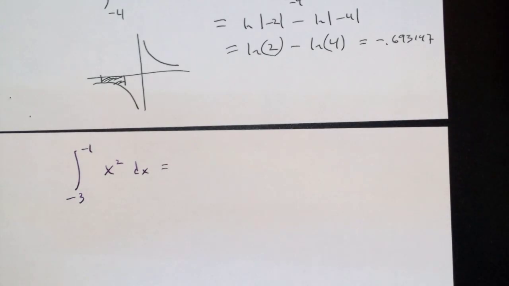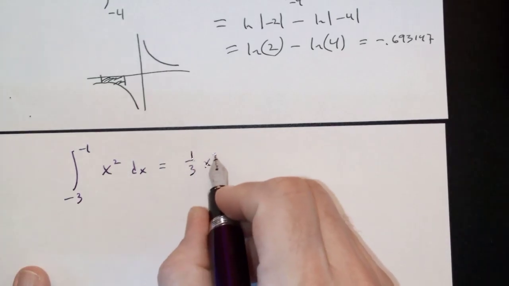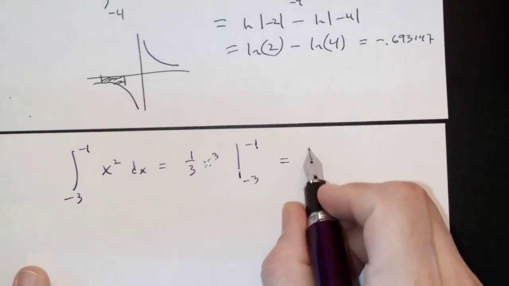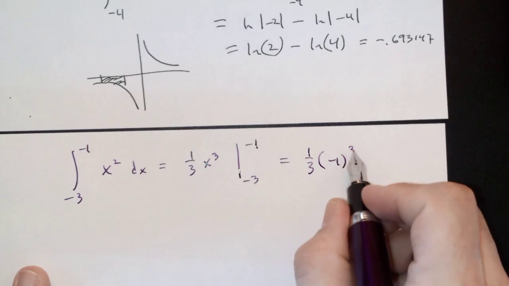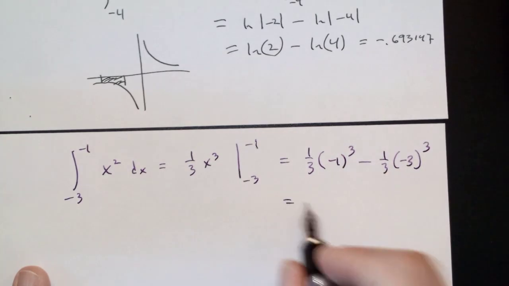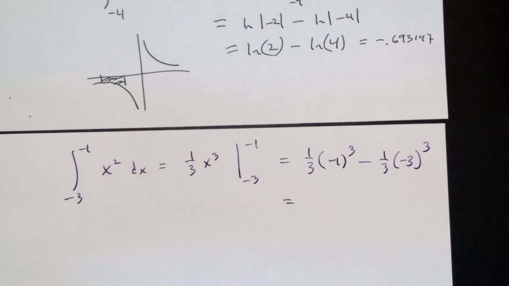What's the antiderivative for x squared? When you raise a negative number to the third power, what sign is the answer? It's still negative.